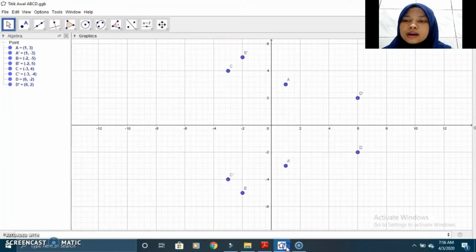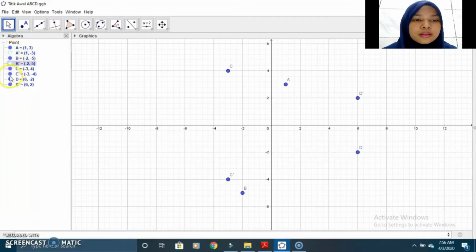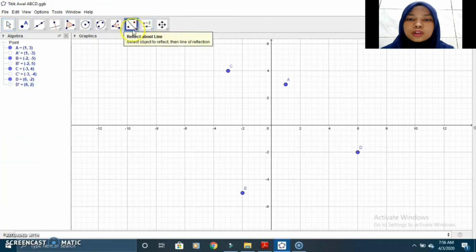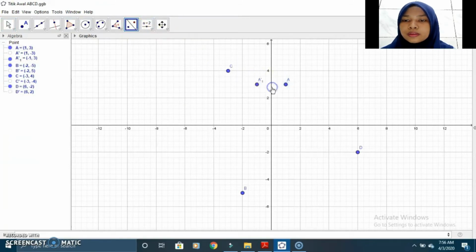We hide A', B', C', and D' first. Then we reflect each point with respect to the y-axis. Okay.